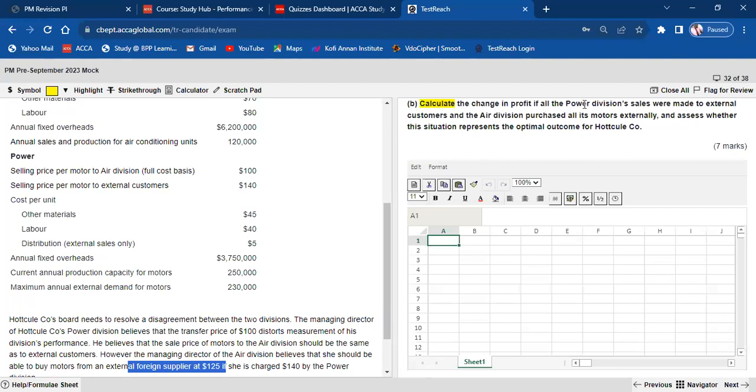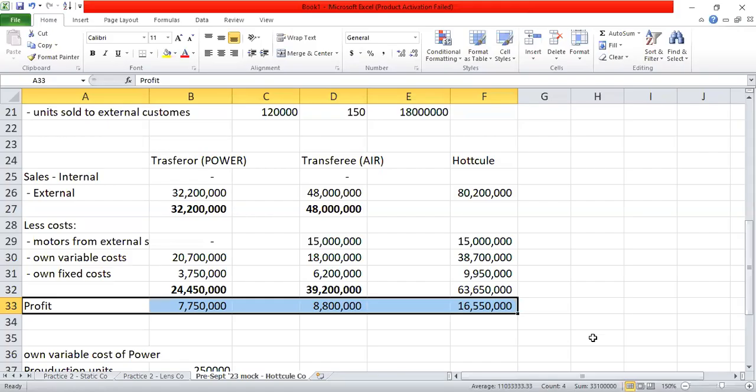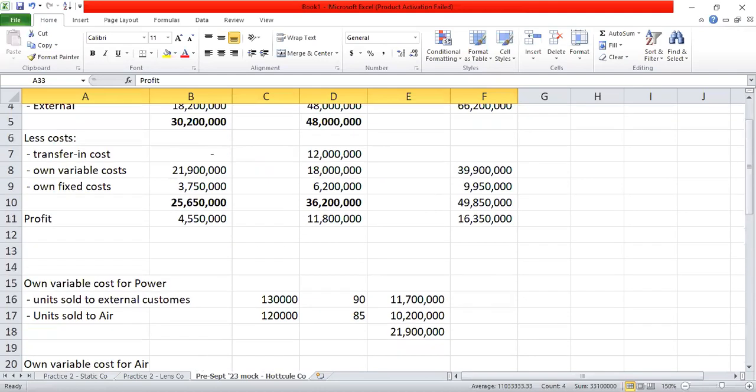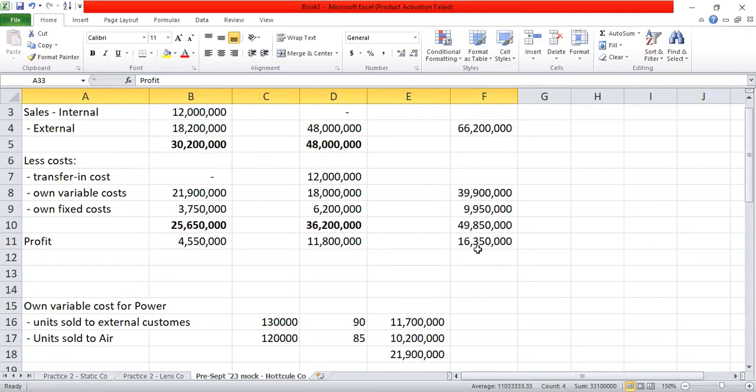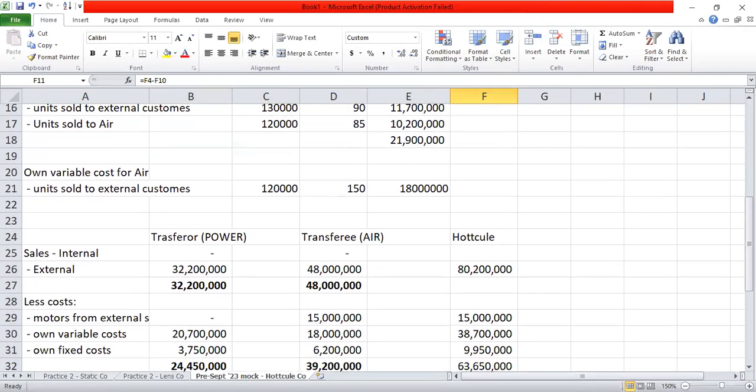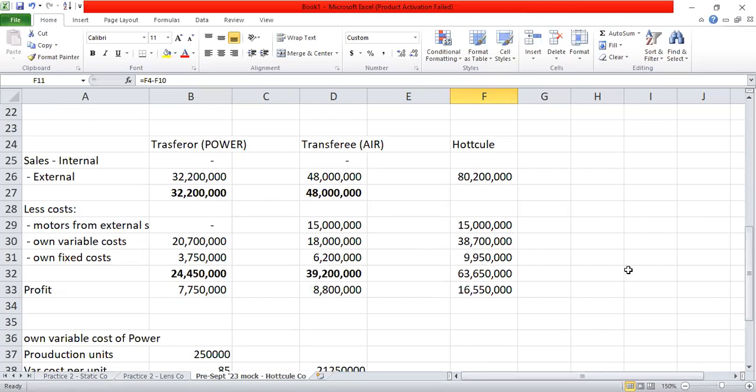Now, and assess. Well, at that point, even if I'm totally correct with those numbers, I will not score the 7 because I've not yet assessed. Assess whether the situation represents the optimal outcome for Hottcule Co. Well, for Hottcule Co, a profit of 16,350 has gone up to 16,550.